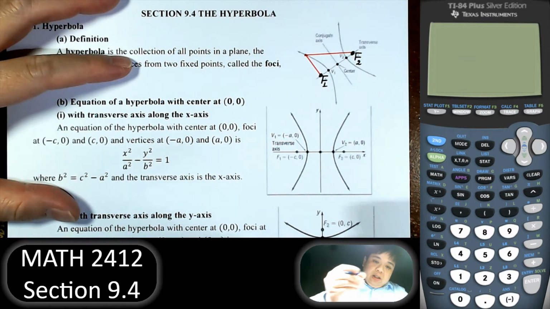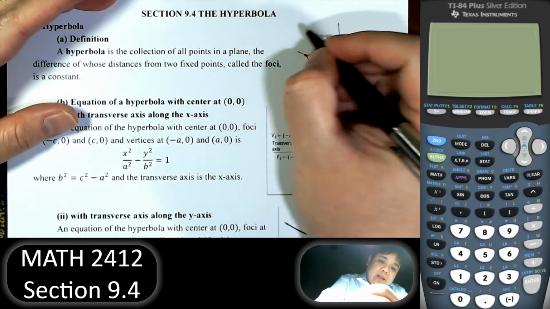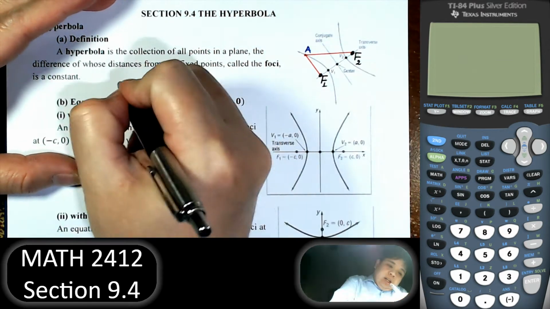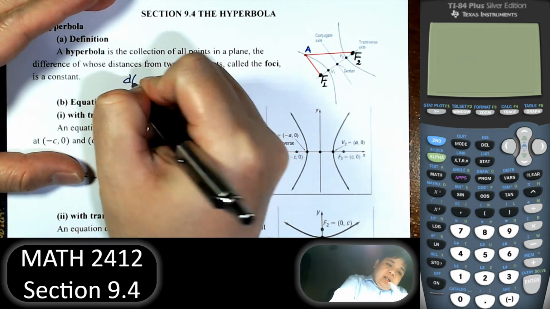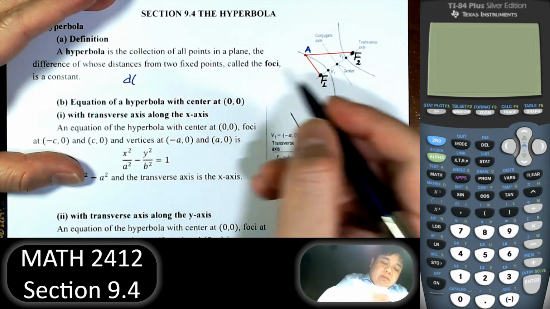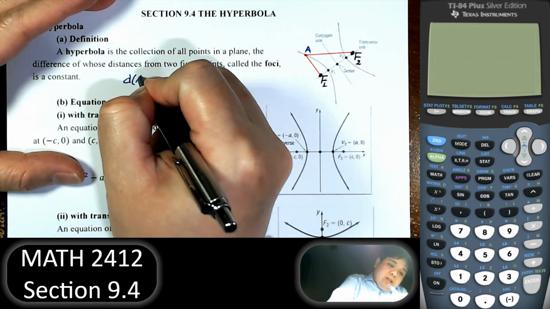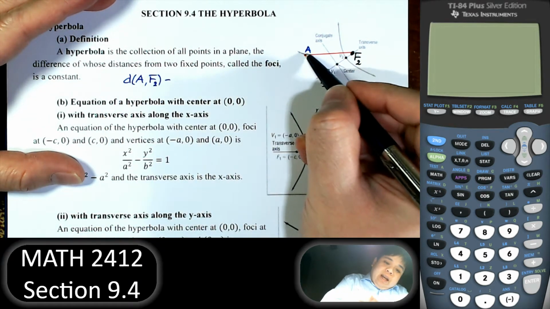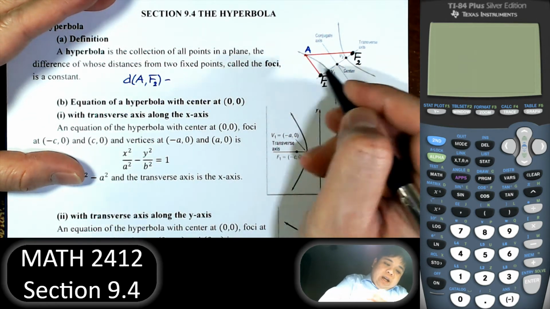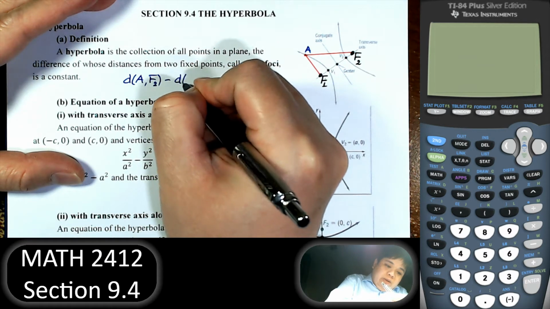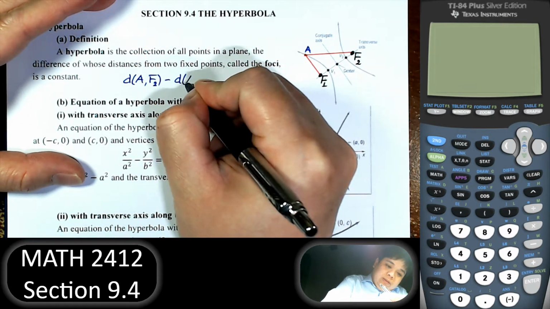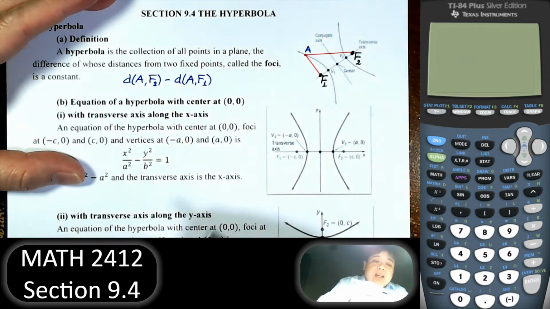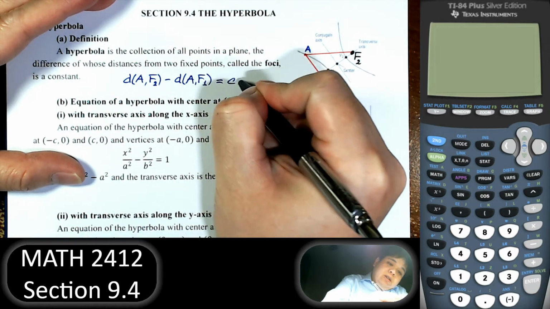is constant. So let's say a point A belongs to the hyperbola. We know that the distance to the second focus is longer, and then we subtract the distance from A to the closer focus, and that has to be equal to a constant.